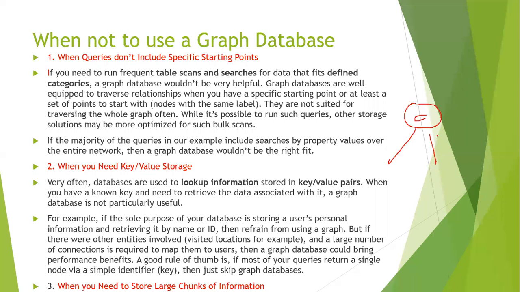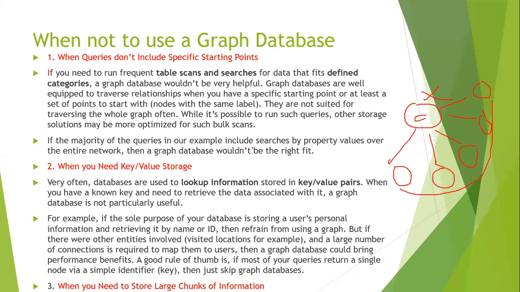Under this college, we have students, lecturers, management, administration, library. If this college is not there, do these have any relation between them? No, right? If the college is there, then all these are necessary. If the first point is not there, then the remaining are not required. So in this case, the first point is compulsory. Then only go for the graph database.